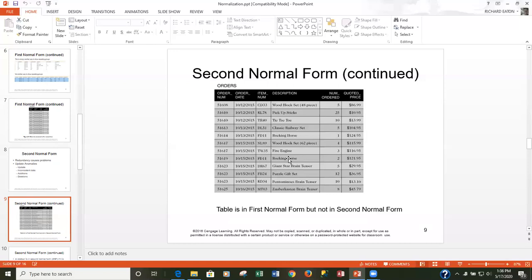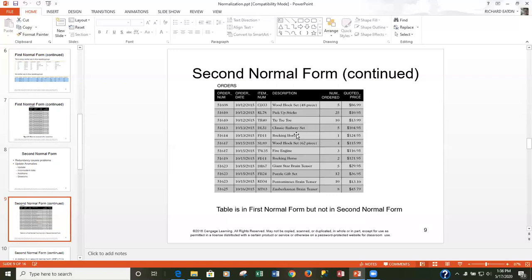One of the problems is that if we have maybe hundreds of orders in a given day, or people have ordered a rocking horse, we might type in rocking horse in one case, maybe a red rocking horse in another case, maybe a rocking horse, and we mistyped something and we misspelled one of these words.